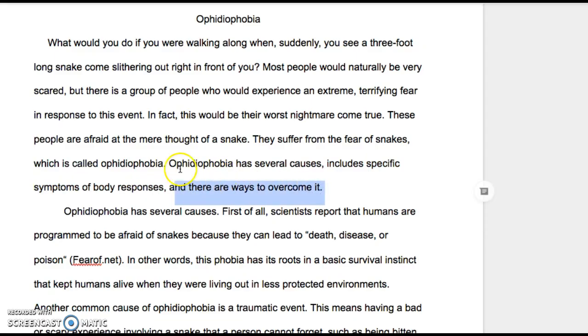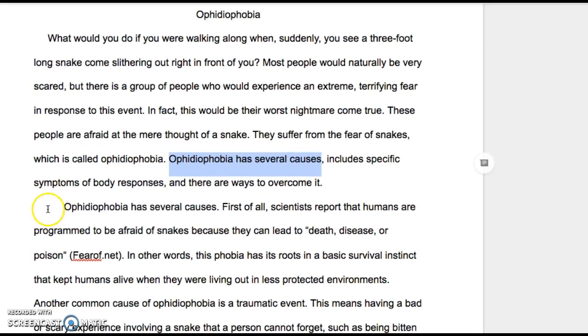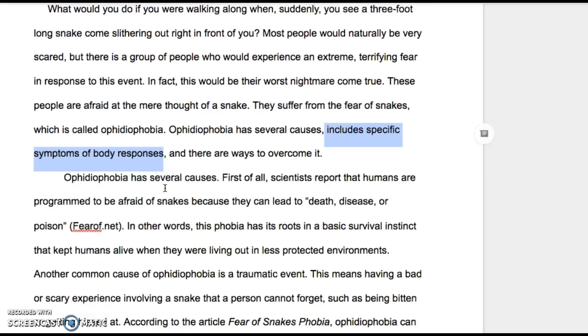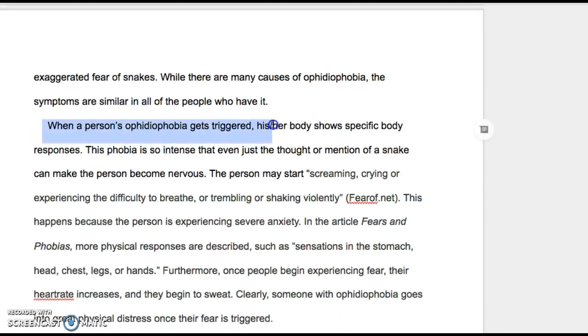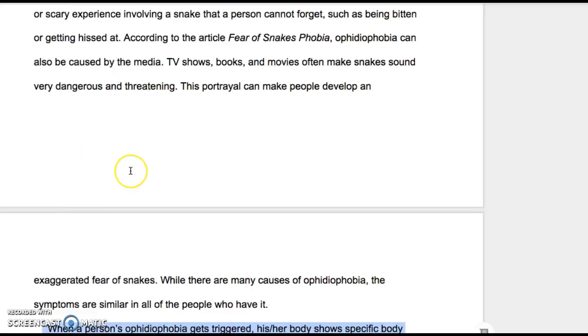If you remember, what are the causes of this fear? That's body paragraph 1: ophidiophobia has several causes. Right here, specific symptoms of body responses. If we scroll down, body paragraph 2 is all about the body's responses to the fear, right?